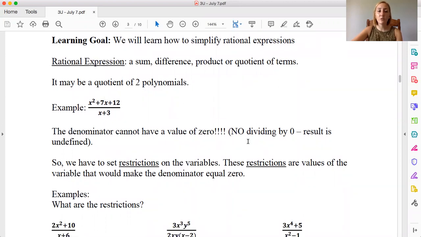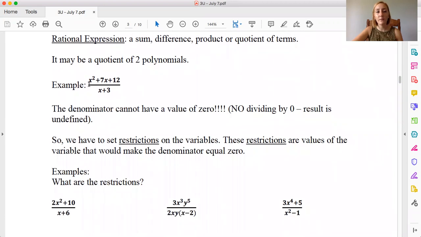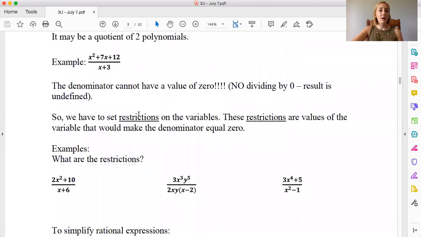It may be a quotient of 2 polynomials. For example, x squared plus 7x plus 12 over x plus 3 is an example of a rational expression. Like I said, it's just a fraction, and I know fractions aren't fun to do. I don't know a single person that really likes them. So that's the gist of it.